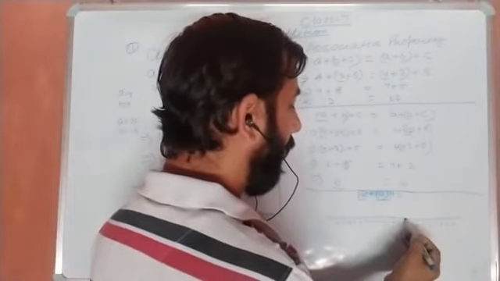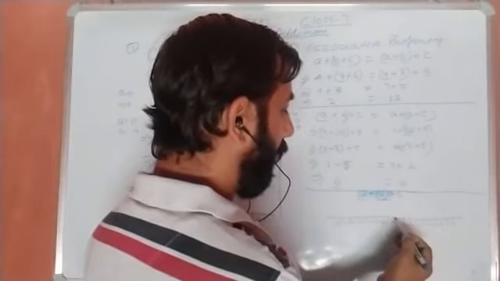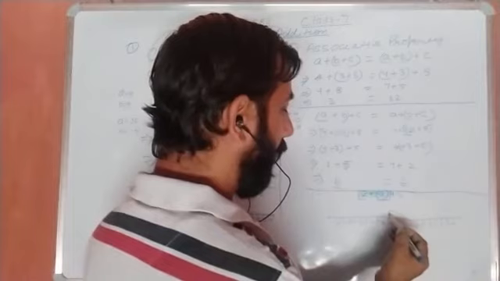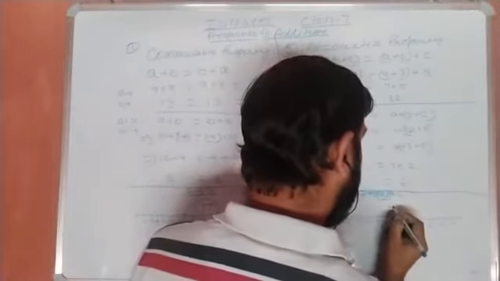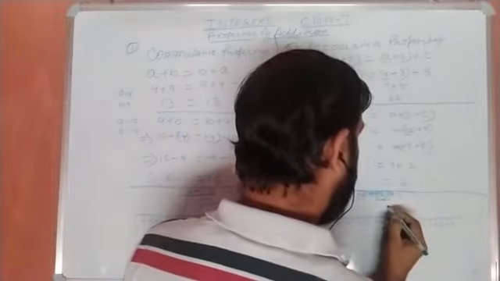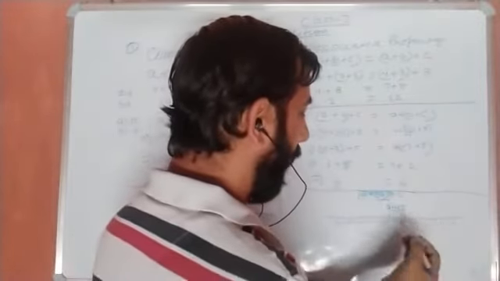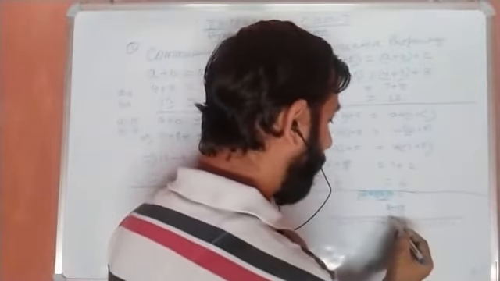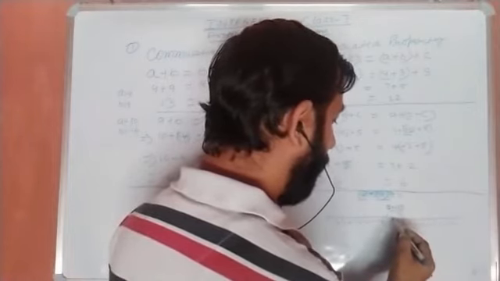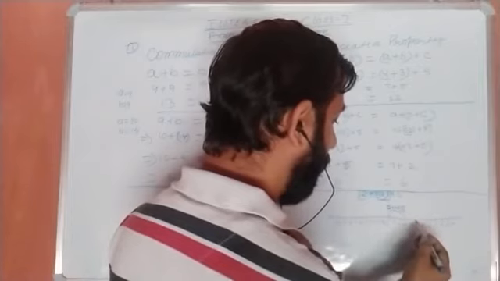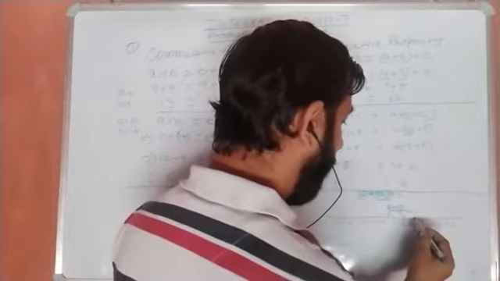And again plus 2 we moved, and again minus 3. So 1, 2, 3, we will move up to here. This sign is plus minus 3, according to that. Now again plus 5. We have to move to the plus side: 1, 2, 3, 4, 5. We move up to here.